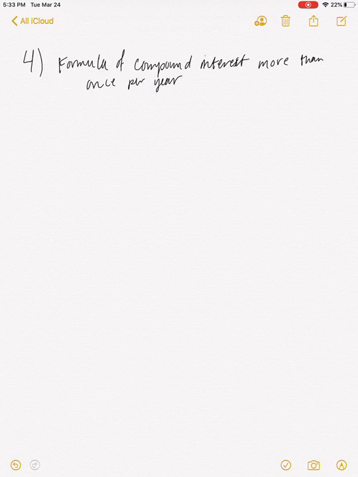Okay, so let's see. The more it's compounded, the more money you get. But as you compound it more and more frequently, the less and less extra money is given. So the formula is actually given in the book, and we won't talk about the derivation, but the amount of money that you'll have in your account is equal to the principal times 1 plus the APR over n, or the number of times you compound annually.